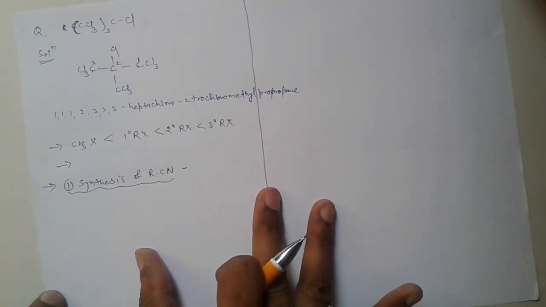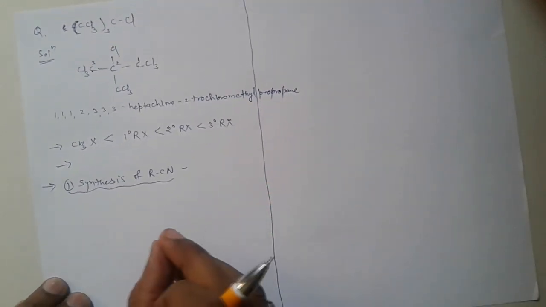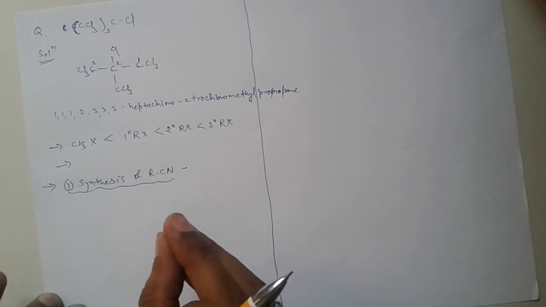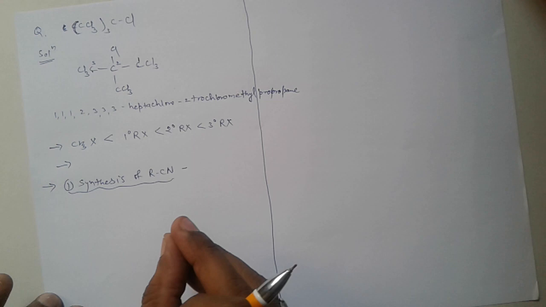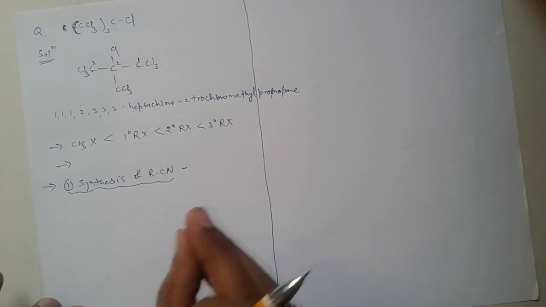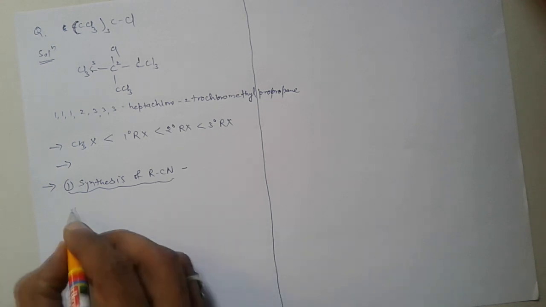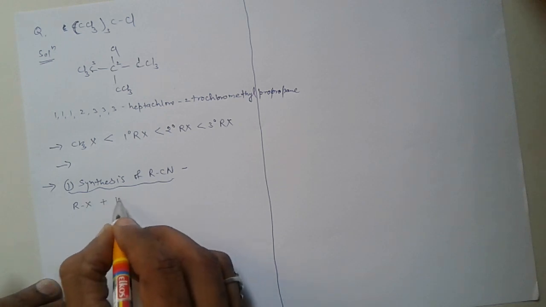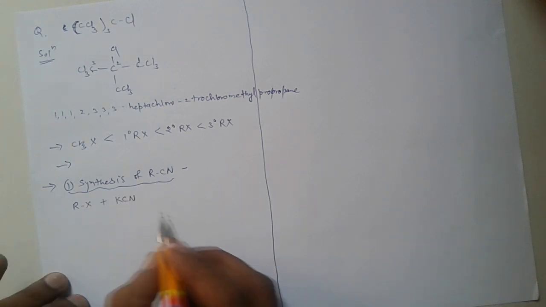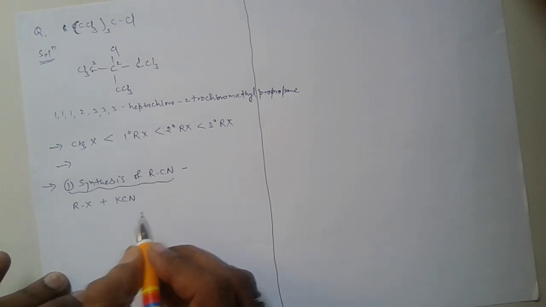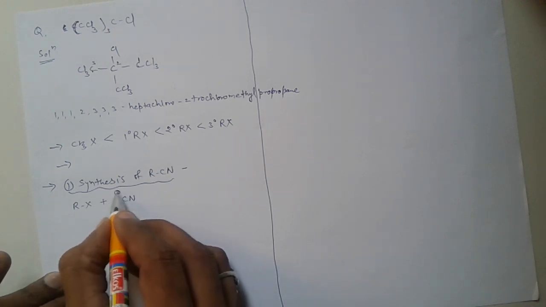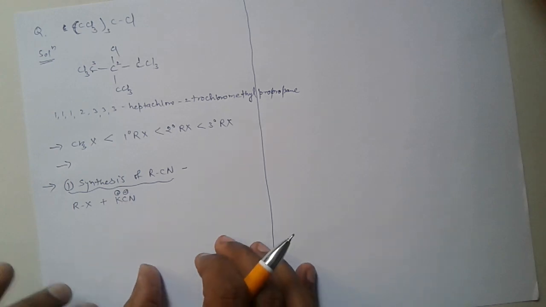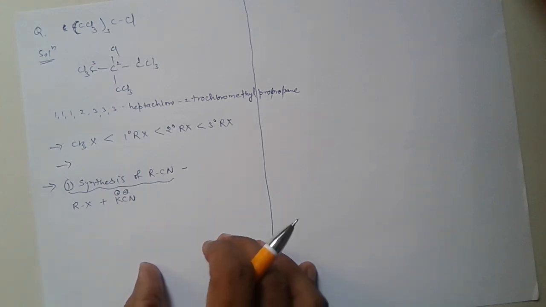When alkyl halide reacts with aqueous alcoholic potassium cyanide solution, then alkyl cyanide is formed. So it is an alkyl halide molecule and it is potassium cyanide. Potassium cyanide is an ionic compound, so it has a positive part and a negative part.